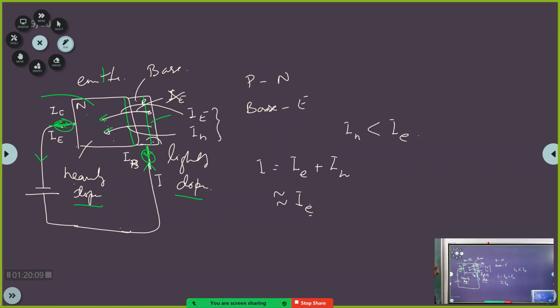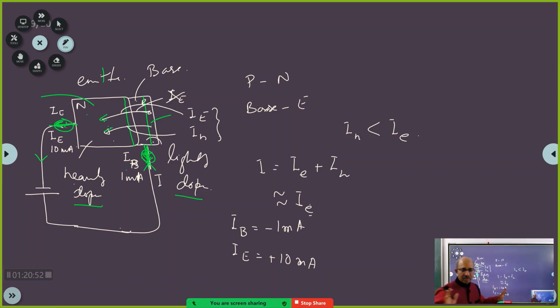Sir, is that base current coming out of this or entering this? Now understand this very carefully. If I say the base current is 1 milliamp, and the convention I have used is that if the current is coming out of it, I write IB as the current coming out of this, and IE as the current coming out of this. If this is 1 milliampere and this is 10 milliamperes, then I will write IB is equal to minus 1 milliampere and IE is equal to plus 10 milliamperes.